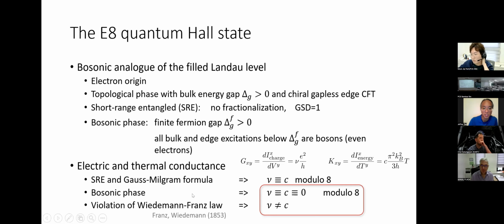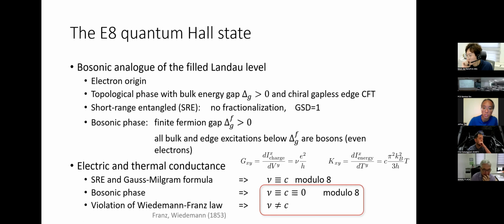And finally, we're interested in a case that is distinguished from 8 filled Landau levels, which would have both nu, the filling number, and C, the central charge, equal to 8. So we're interested in phases that are not 8 copies of the conventional Landau level. So we're interested in cases where the Wiedemann-Franz law is violated.